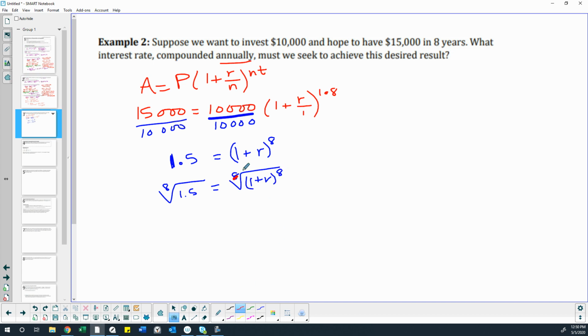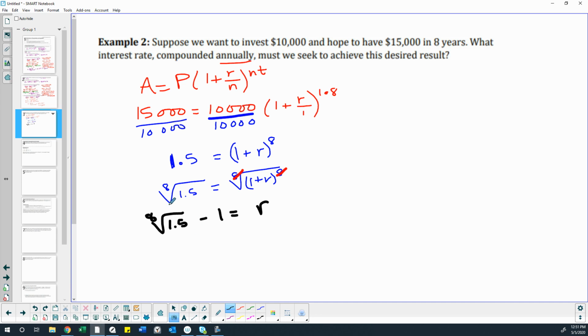So this goes away, and we end up with r equals the 8th root of 1.5, and then we have 1 plus r, so we're going to subtract the 1 from that answer. So now all we have to do is put that in a calculator.